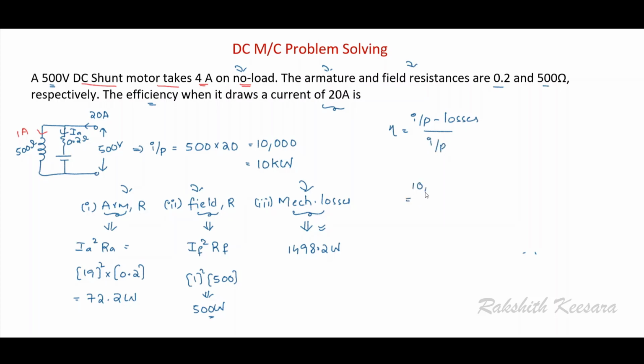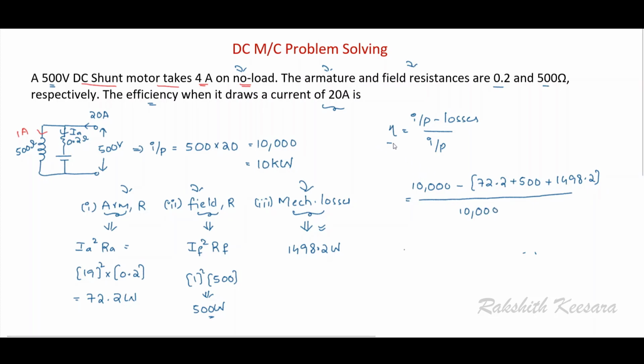So 10,000 watt minus losses of 72.2 plus 500 plus 1498.2, by 10,000.